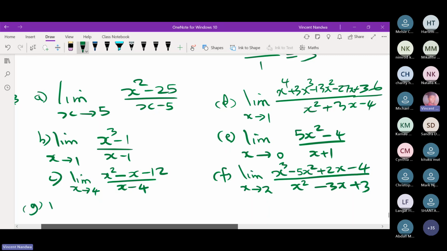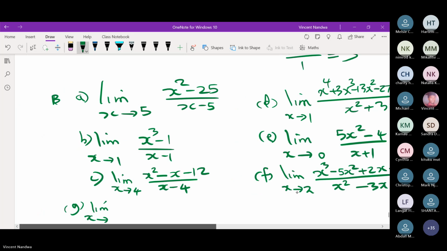Then the limit as x approaches 0 of square root of x plus 3 minus root 3 over x.